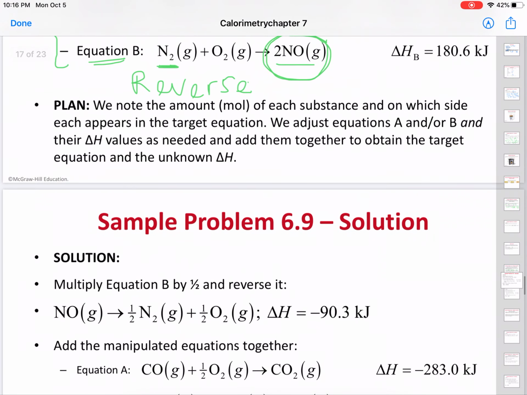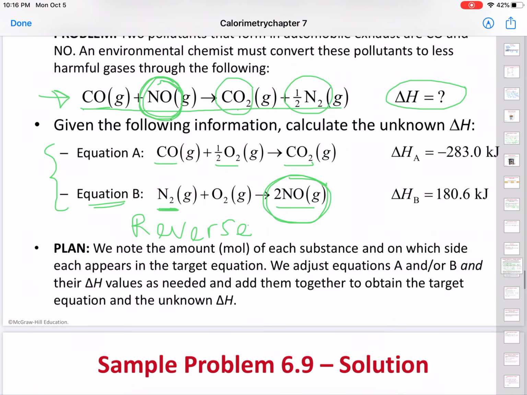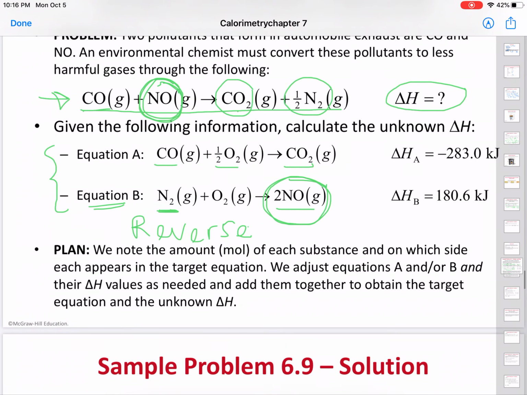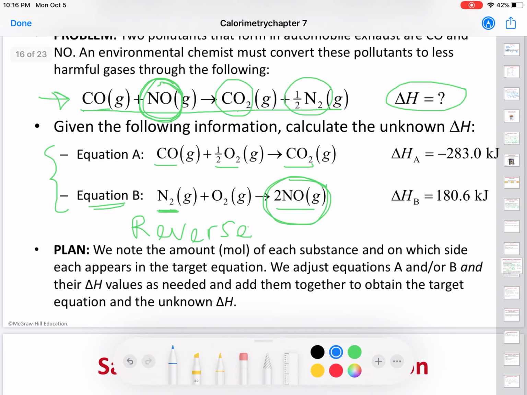And not only that, another thing that you need to do, we have to look at the molar ratio. So the molar ratio here, nitrogen is 1 mole right there. Here you have half nitrogen. And then here you have 2 nitrogen monoxide, but we only need 1 in the target reaction. So because of that, equation B also needs to be divided by 2.